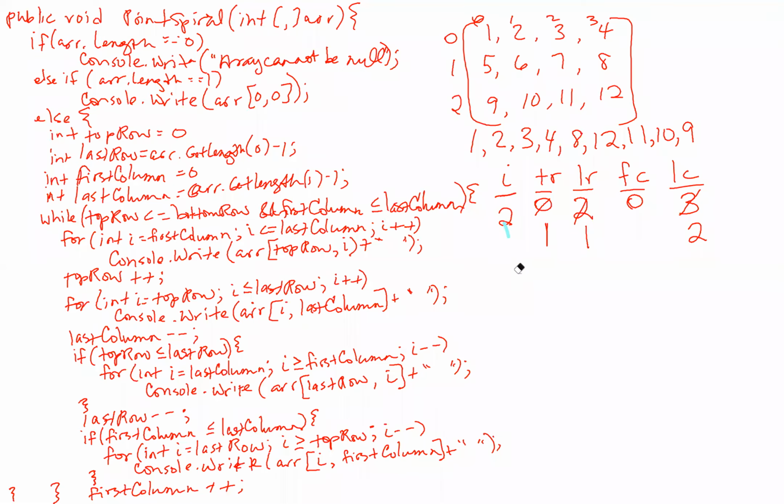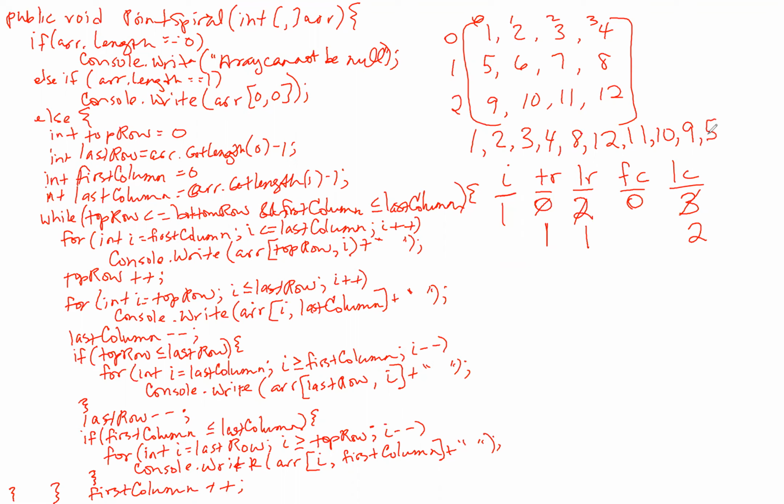Okay, let's go ahead and reset our I. And we get if first column is less than or equal to the last column. So first column is 0, last column is 2, so that condition is met. Okay, for int I equals last row, so I starts at 1. I is greater than or equal to the top row, which is 1, and I minus minus. All right, so console.write array at I, and I is 1, and first column, so that's this 5.